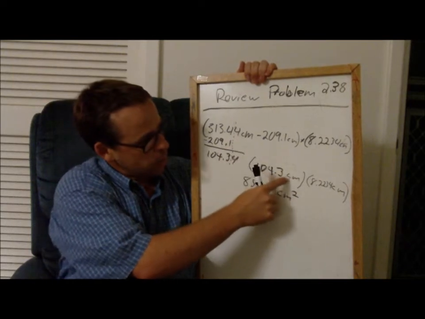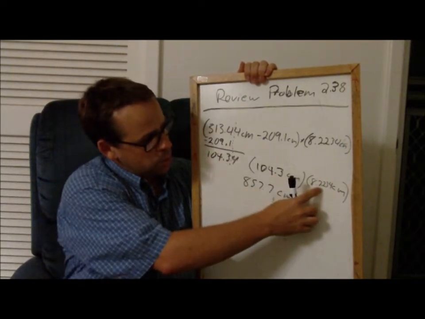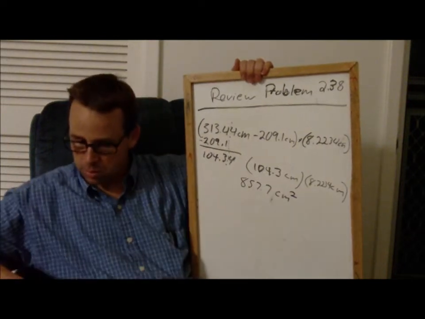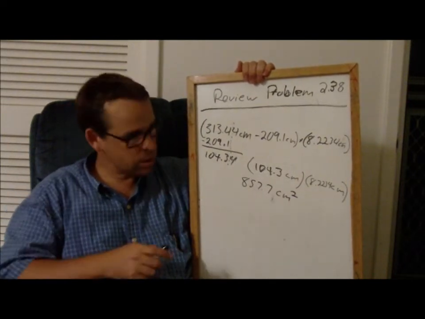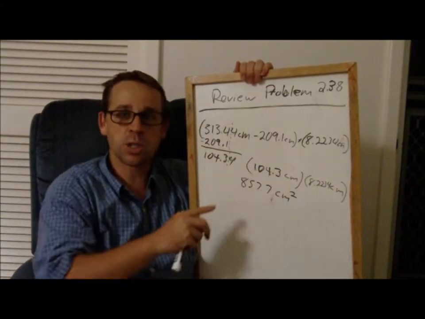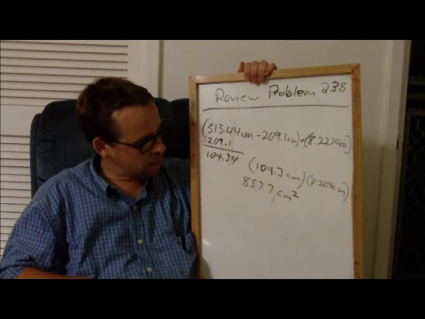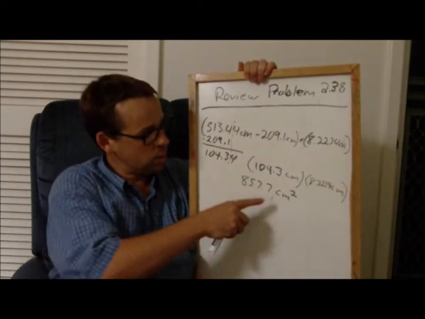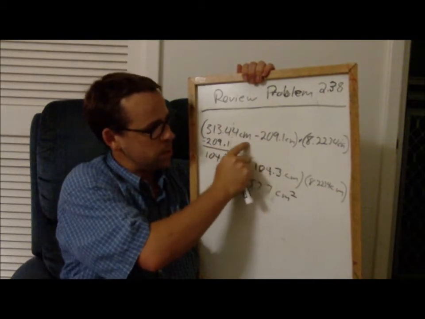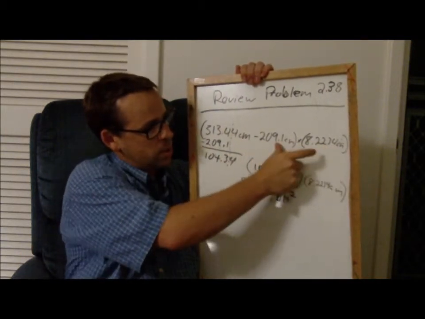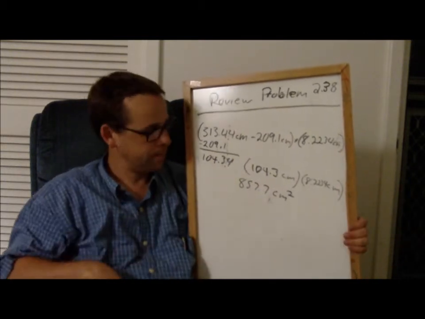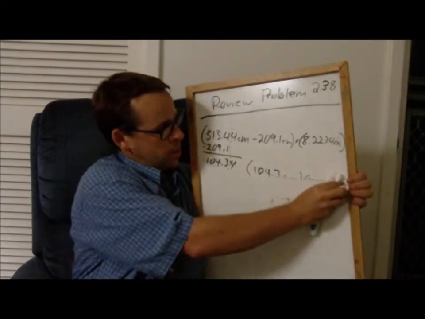We carry that 104.3 and multiply it by 8.2234. The answer is 857.70062. But we round that to 4 significant digits, because this one has only 4 significant digits. So the answer is 857.7. The units here were centimeters and there are centimeters, so this difference is centimeters, and this is centimeters over here. Centimeters times centimeters is centimeters squared. Alright, that's 238.